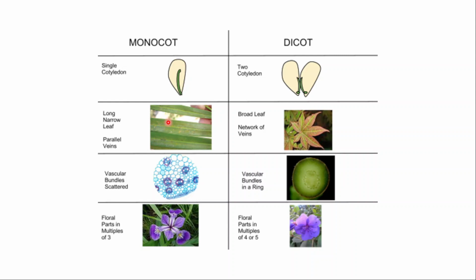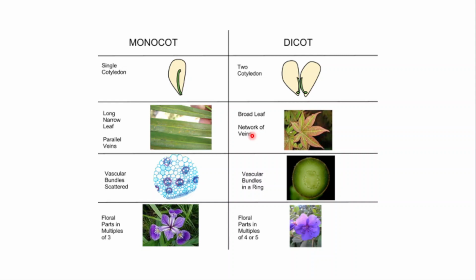So there is a midrib in a banana leaf, and then you have parallel lines perpendicular to the midrib, long and narrow leaf, right? In a coconut tree. While in a dicot we have broad leaf and a network of veins. Just like blood vessels, we have leaf veins in a dicot spreading everywhere, not parallel.